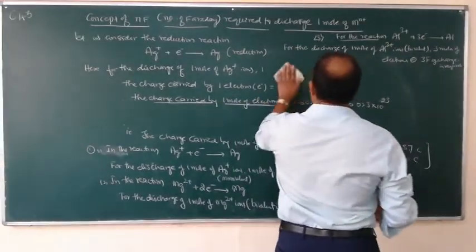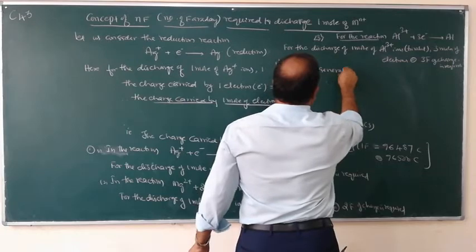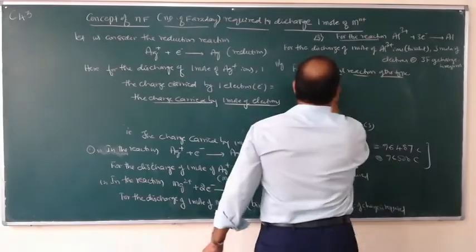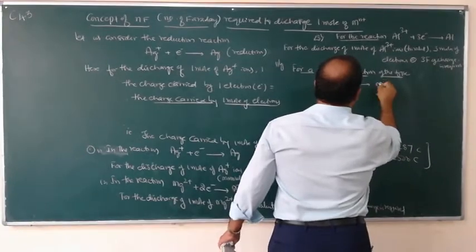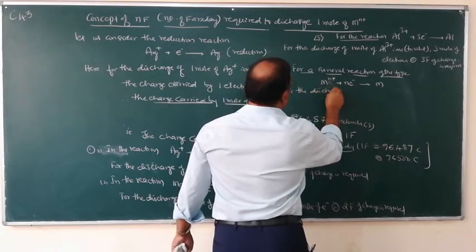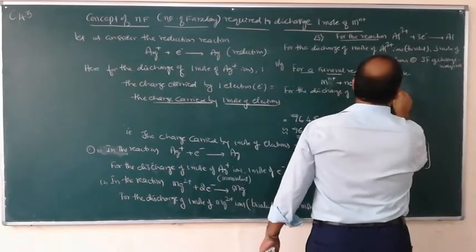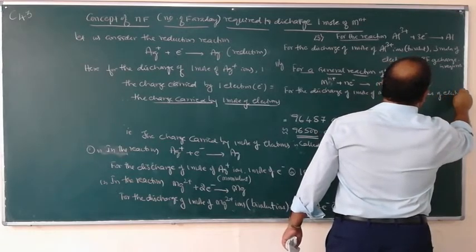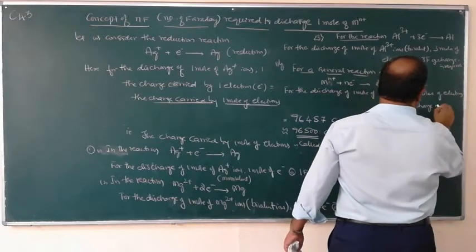Similarly, for a general reaction of the type Mn plus plus n electrons gives M, for the discharge of 1 mole of Mn plus ions, n moles of electrons or n Faraday of charge or electricity is required.